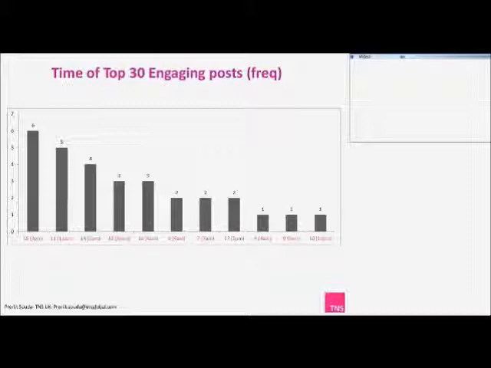One of the things that came up for me was that time is very important, and when you post can have a major impact on how people interact with that post. I also found this in one of my previous research papers for SOMAR in 2011: timing is very important. This kind of simple descriptive analysis can help us in better planning of communications on Facebook.